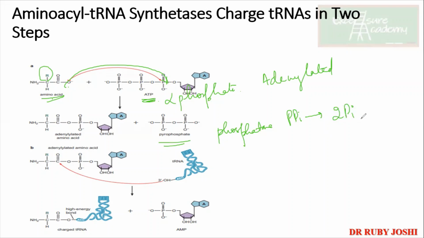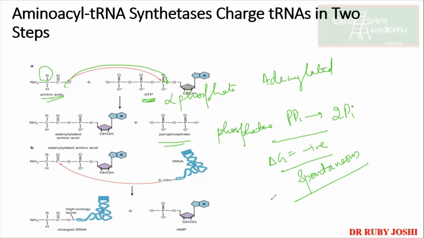It breaks the bond between these two phosphates, and that generates an enormous amount of energy. That energy is released into the system, which makes delta G negative and makes the entire reaction spontaneous.